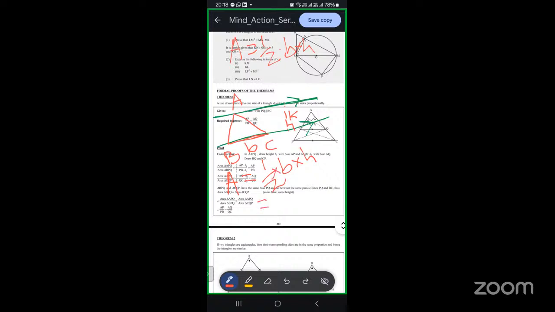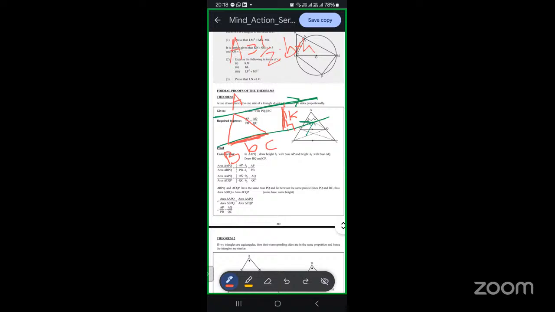And now, the base of this triangle is B, times the height, which is the distance between parallel lines, K in this case. I believe you all understand this. If there is someone who doesn't understand, you guys will just shout out what you don't understand.